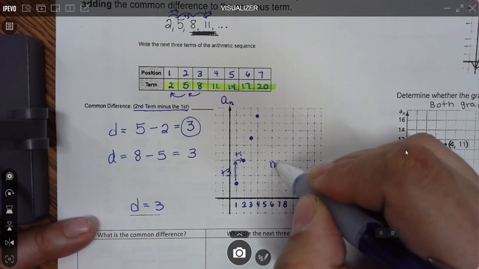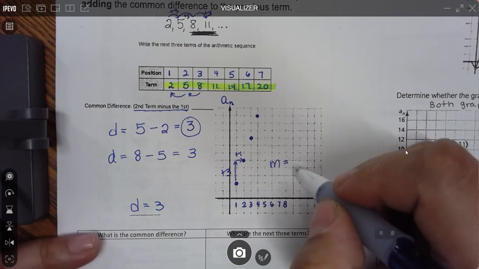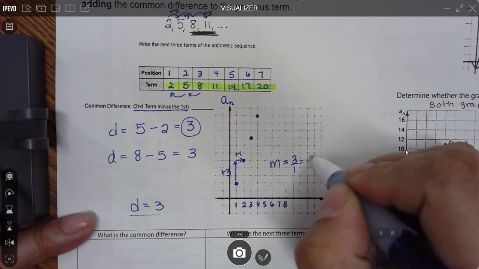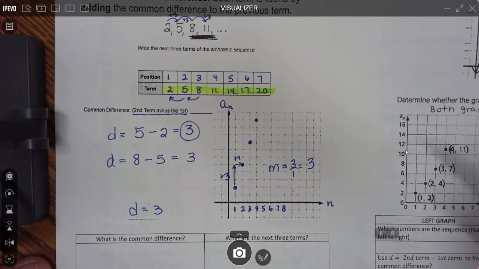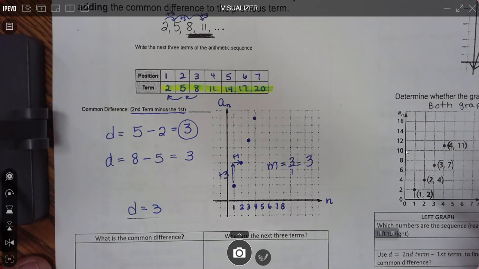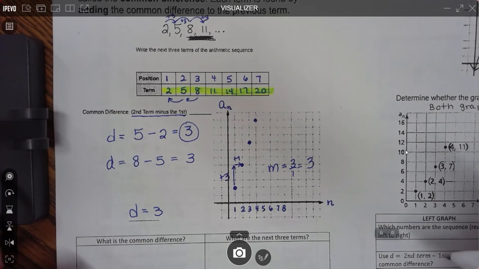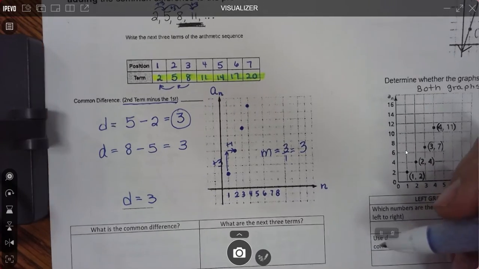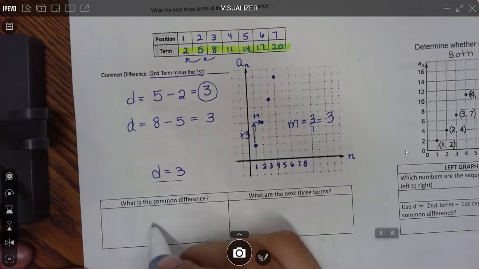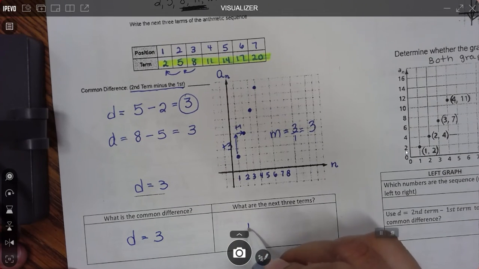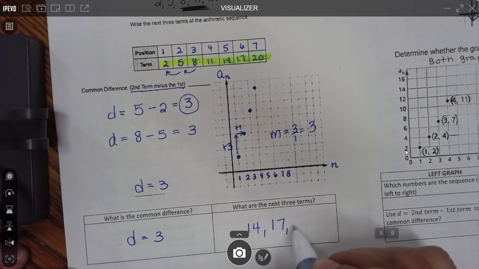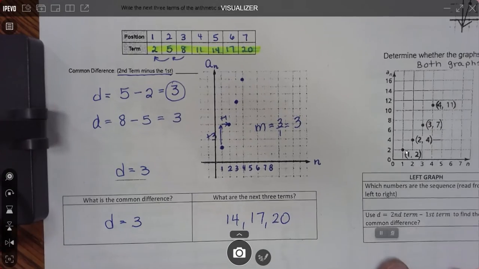So the slope, if it were a line, would be 3 over 1, which is just 3. This is basically going to be a y equals mx plus b deal, okay? So the common difference is d equals 3. And what are the next 3 terms? We said it was 14, 17, and 20.